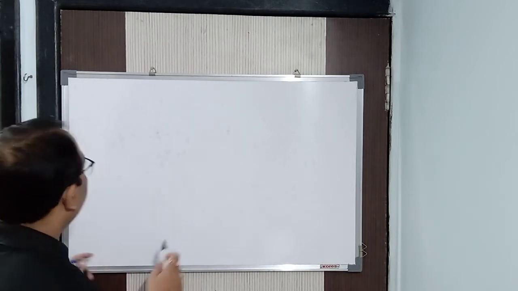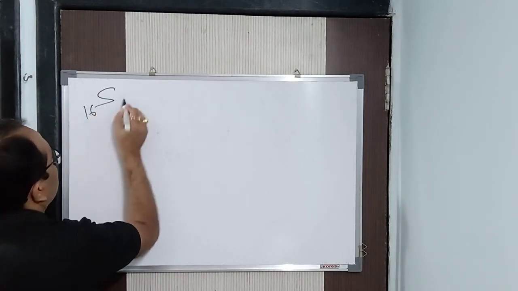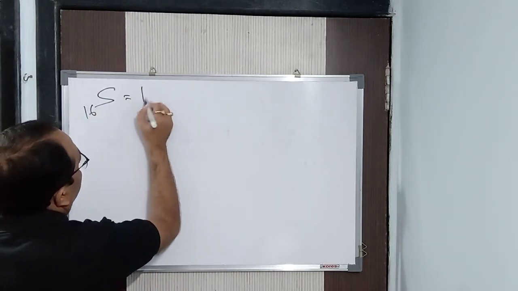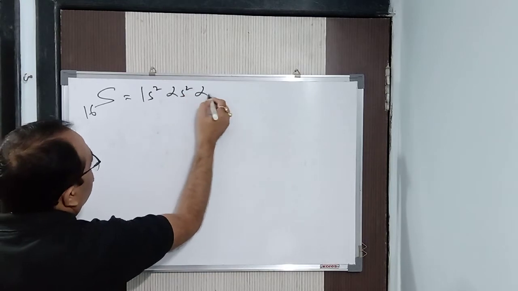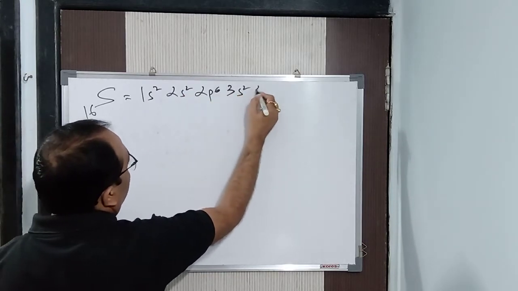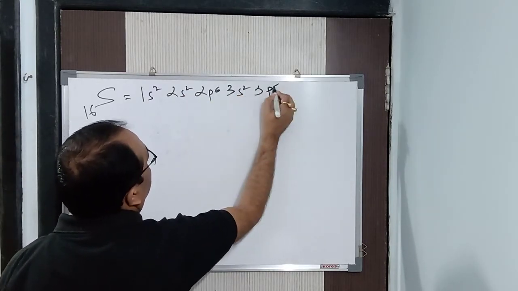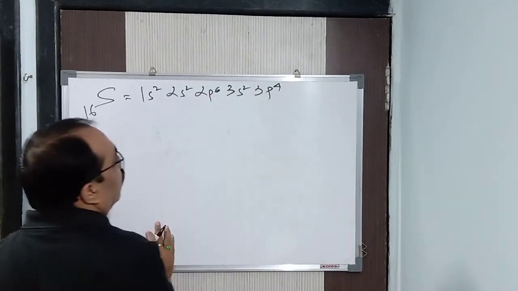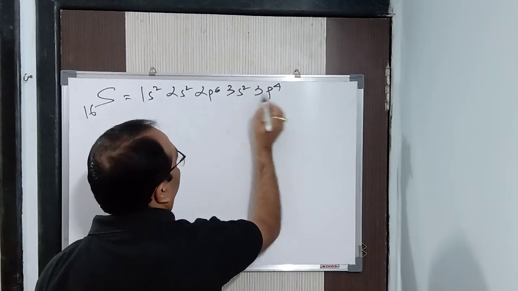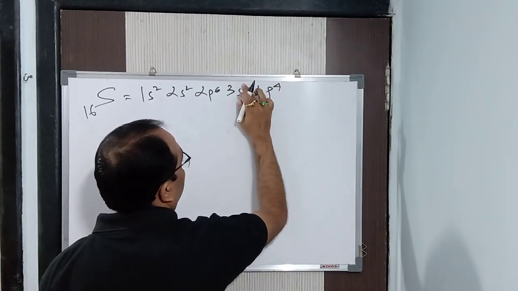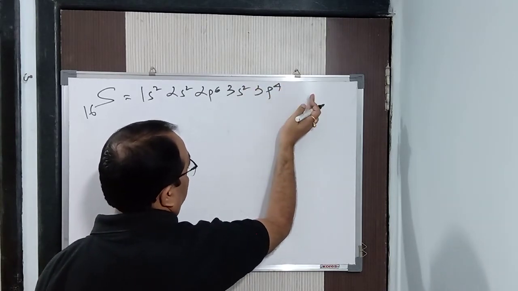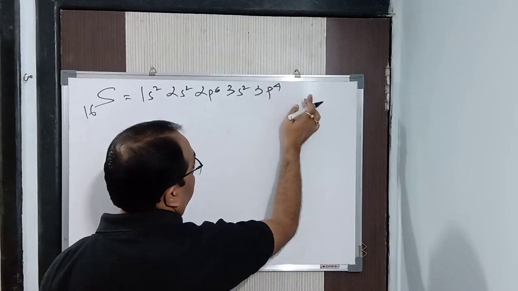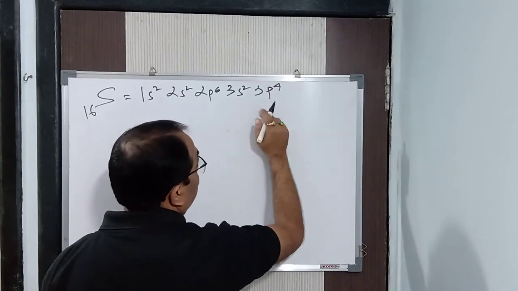Alright, let us write the electronic configuration, it will be clear. Sulfur is 16, so it will be 1s2, 2s2, 2p6, 3s2 and 3p4. Here one electron from the s subshell and one electron from the p subshell will go to the d subshell.